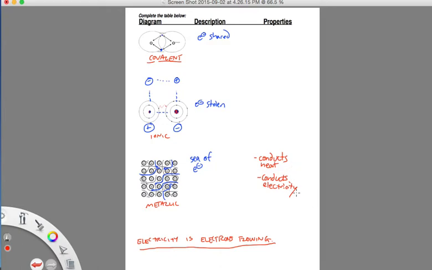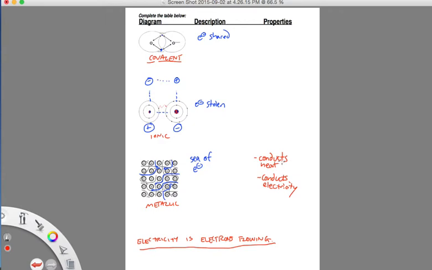I haven't given examples of these, but I can. Conducts electricity, wires, what are they made out of? They're not made out of covalent bonds. They're not made out of cloth. They're made out of metals. So metallic bonds like copper wire is a great conductor of electricity. Also conducts heat.